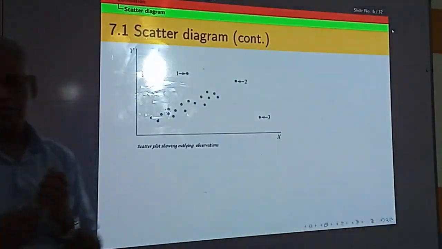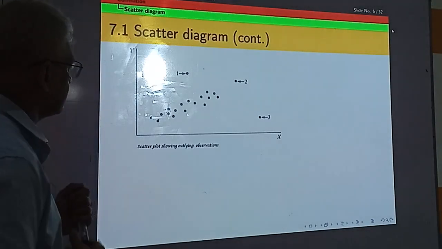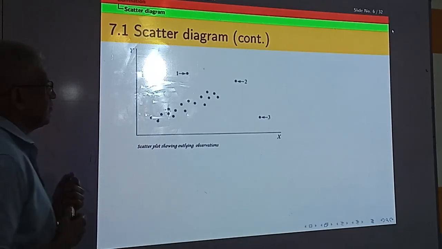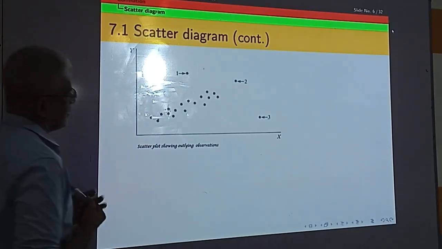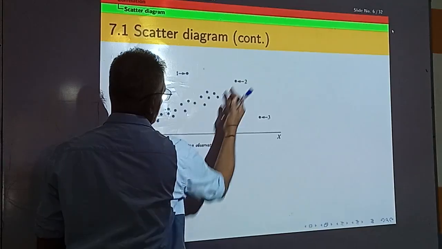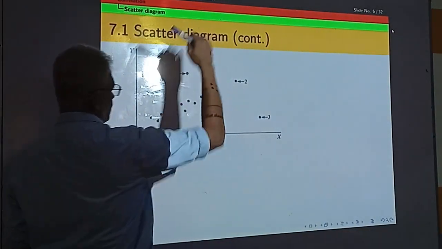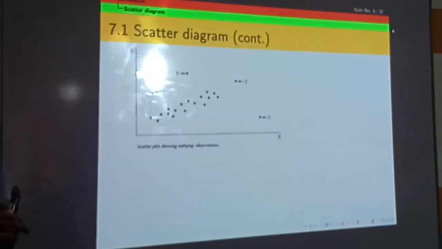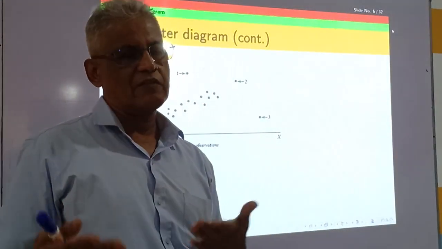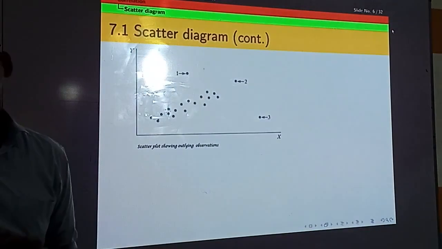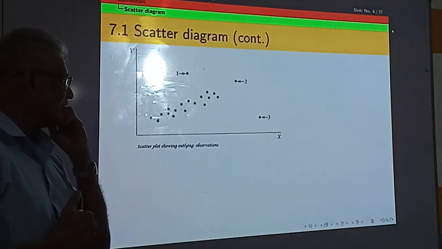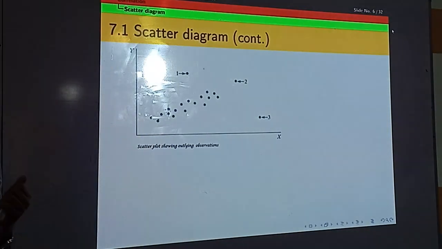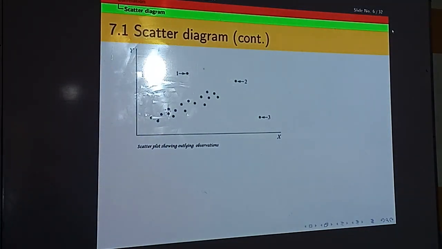So that can be considered as an outlier with respect to x. This value is outlying with respect to both x and y, quite different from the x values and somewhat different from the y values as well. So you can see if there are outlying values from the scatter diagram. Therefore scatter diagram is a very useful graph when you have bivariate or two-dimensional data.